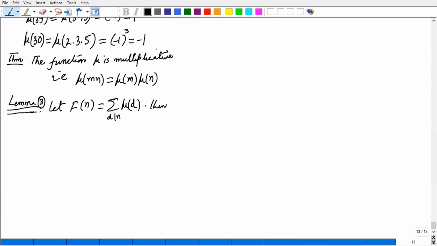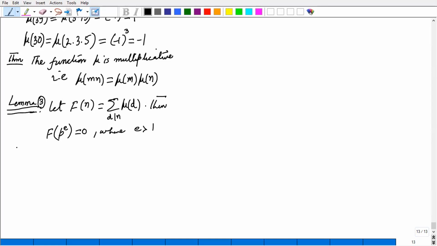Then f on p to the power e is 0, where e is greater than 1. And we know that mu is multiplicative, so by what we have already discussed, if this function is multiplicative, then f is also multiplicative.